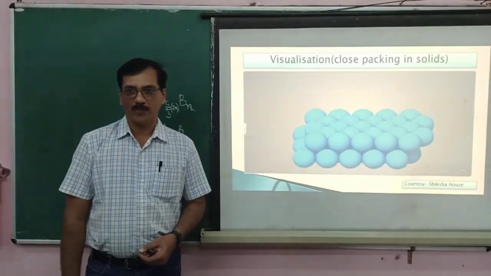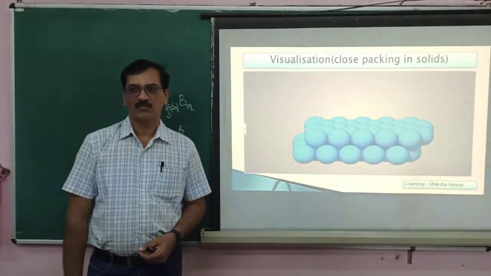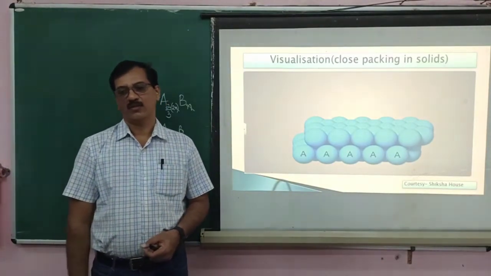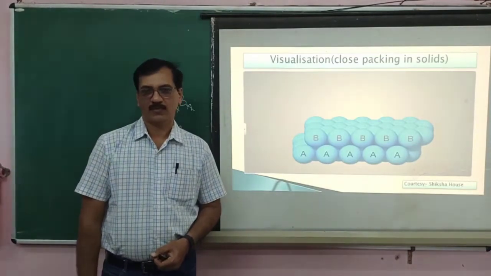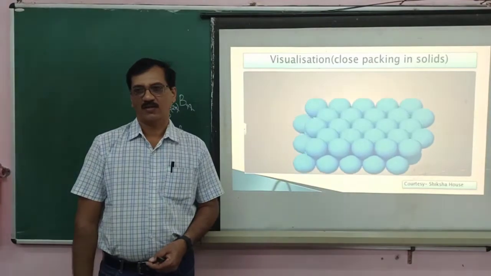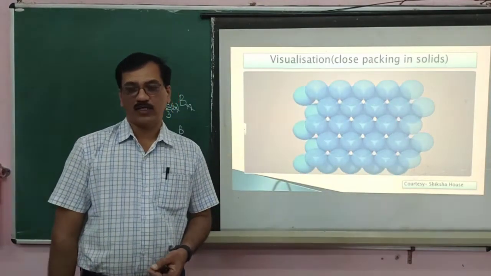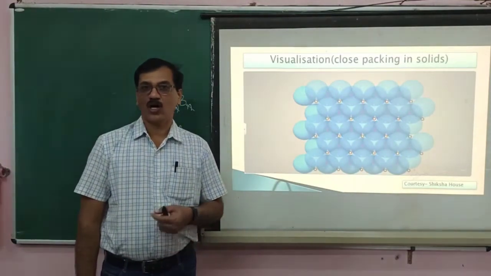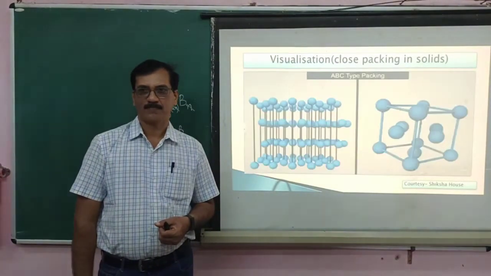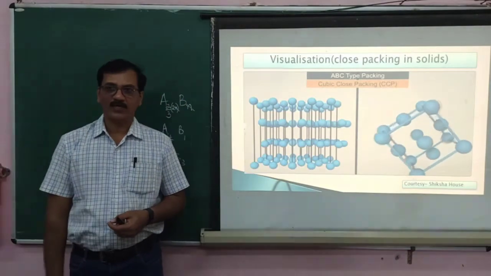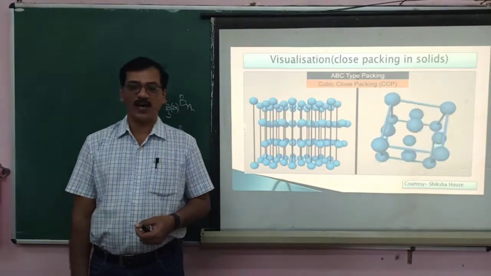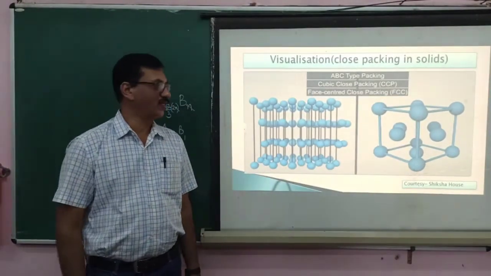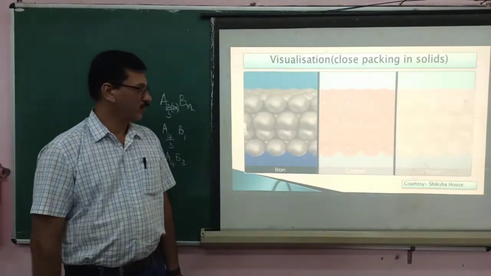Now the third layer is to be placed. If this third layer is placed not similar to the A layer, but closing the voids which are not closed by the second layer, that will lead to cubic close packing, and it generates a unit cell which is called FCC, right?